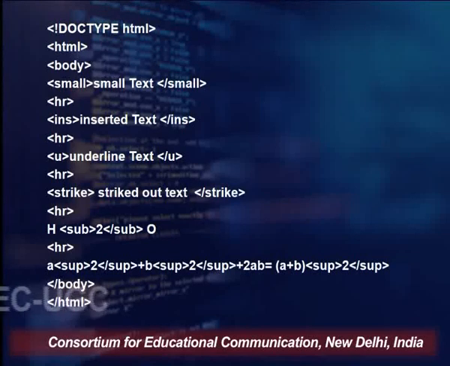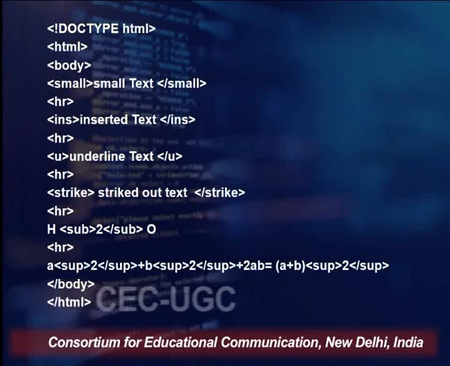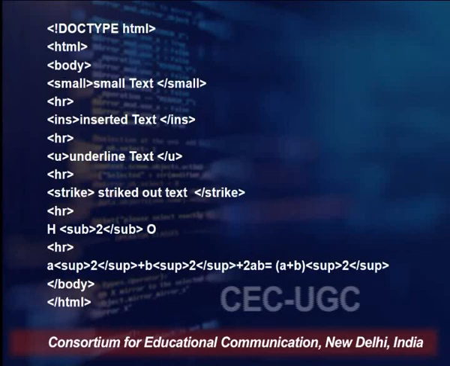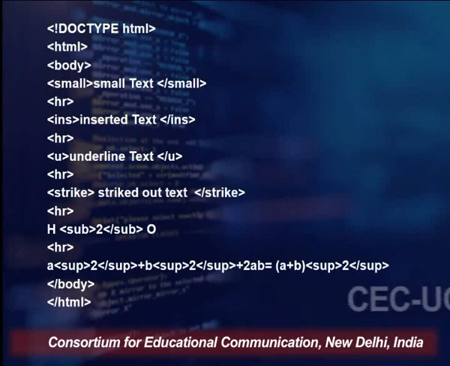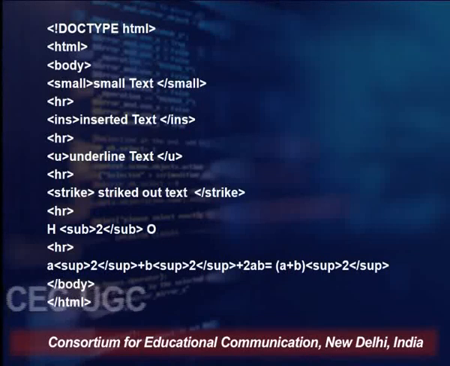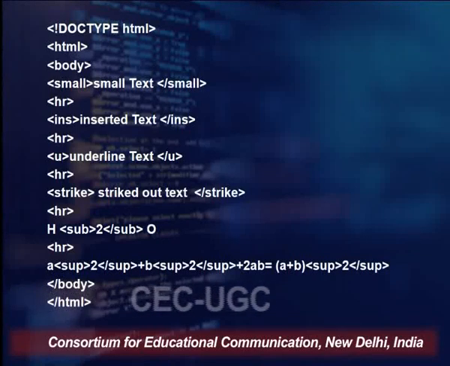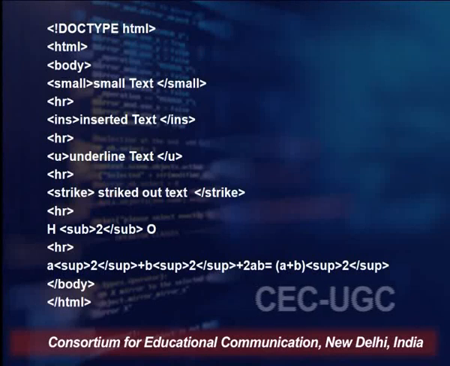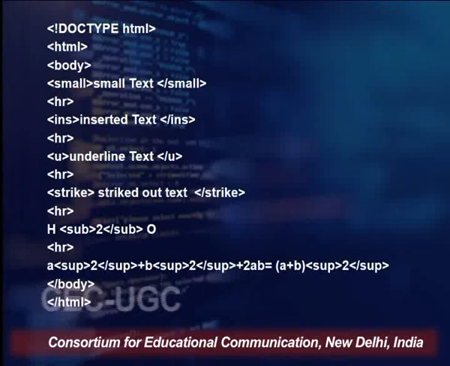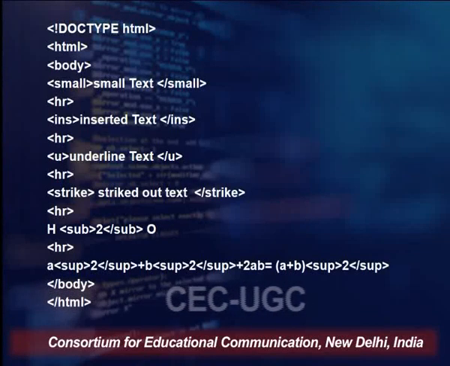Then again an HR is placed. Then to underline text, we have opened the U tag and closed it with /U, and in between the opening and closing tags we have written whatever we want to underline.